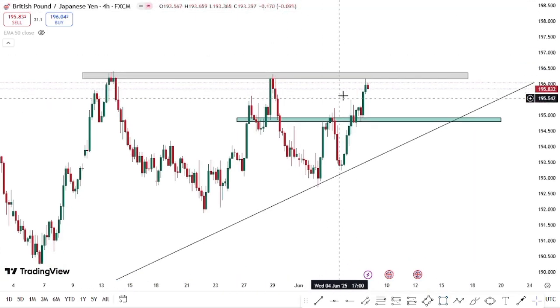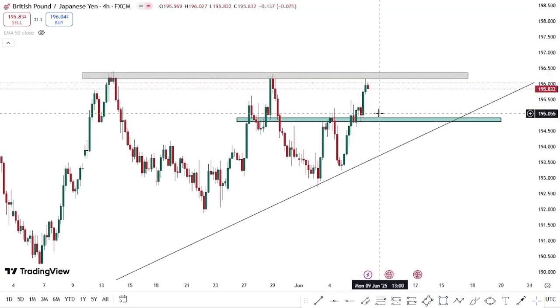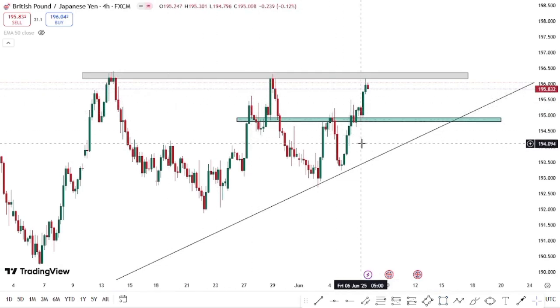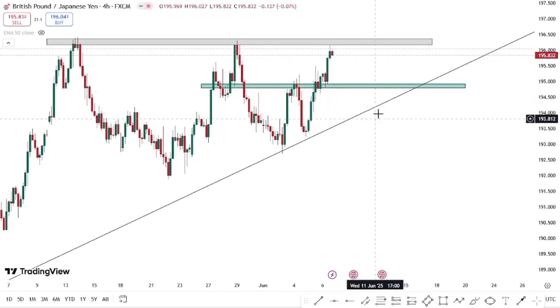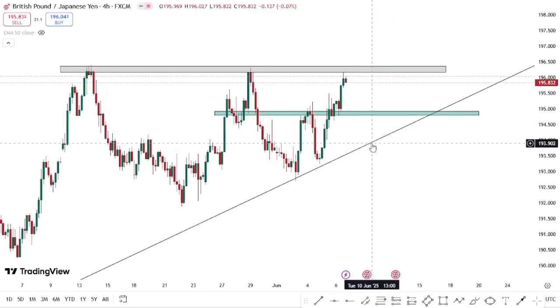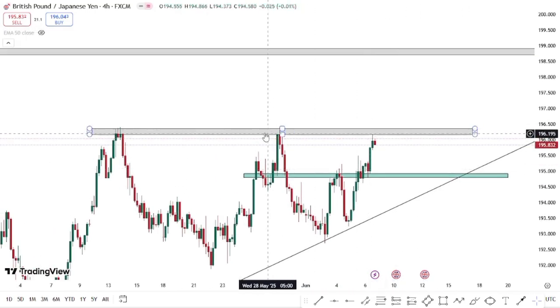I'll only be interested in selling this particular market if it takes out this particular bar. If GBP JPY takes out this bar, then I'll be looking for selling opportunities. But as long as we are still trading above this bar, I should be looking for buying opportunities on GBP JPY.